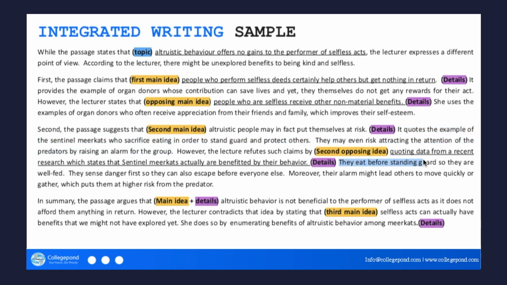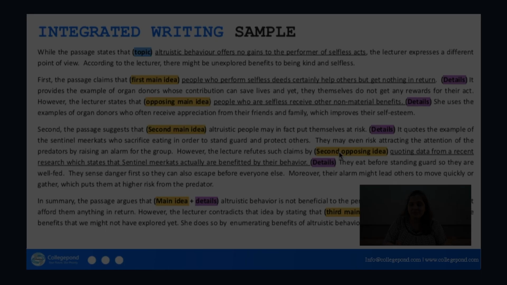They eat before standing guard. They sense danger first so that they can escape before everyone else. Their alarm basically leads others to move quickly, which puts them at a higher risk. So everything that is going to benefit the meerkats, you're going to put it in one detail because that is related to this particular opposing idea, right? This gives a proper structure.